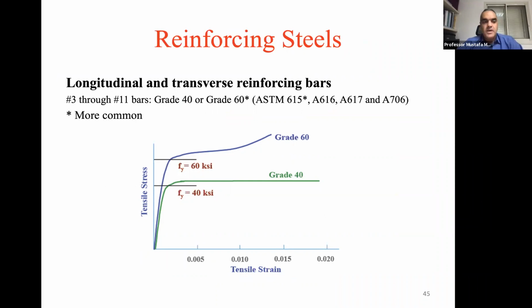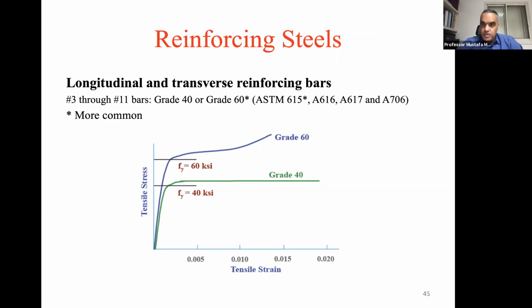Oh, and then we have the reinforcing steel. Okay, the steel could be what we know from concrete. We have number 3 to number 18, but typically in masonry we use number 3 to number 11, but beyond number 9 is not recommended.